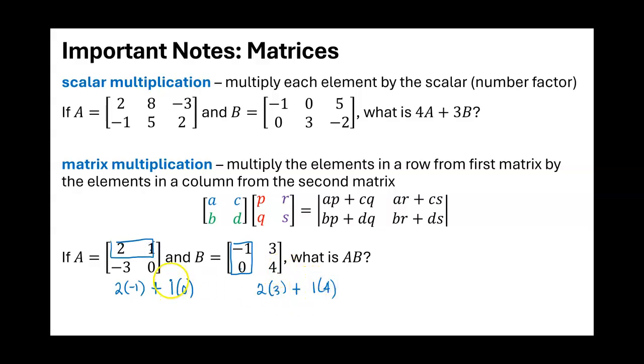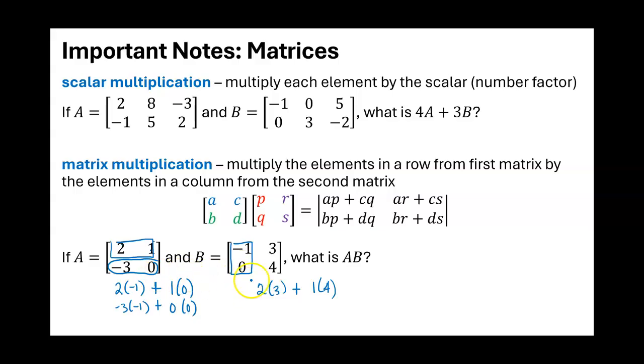Now that we have the product's first row, we go to the second row. For us to be able to do that, we multiply the second row to both columns. So on the second row, we will have negative 3 times the first column, which is negative 1, plus 0 times 0.